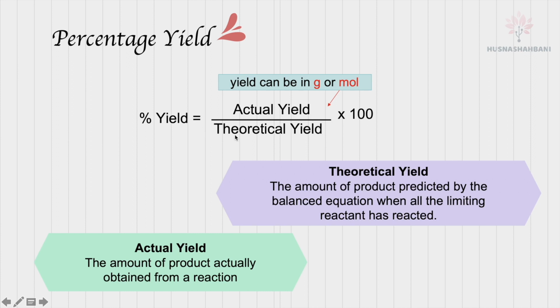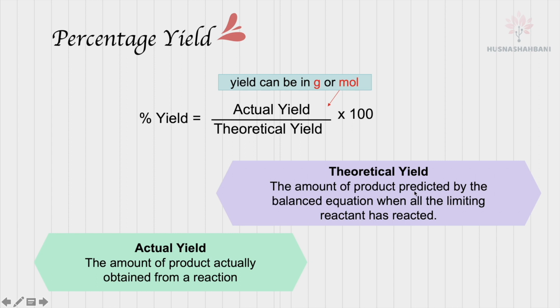Meanwhile, theoretical yield is the mass or the number of moles of the product that we calculated from the chemical equation, times by 100. So this is the formula for percentage yield.